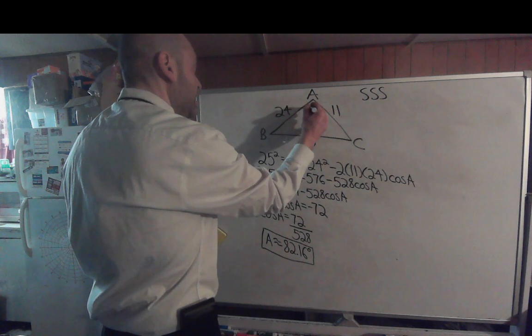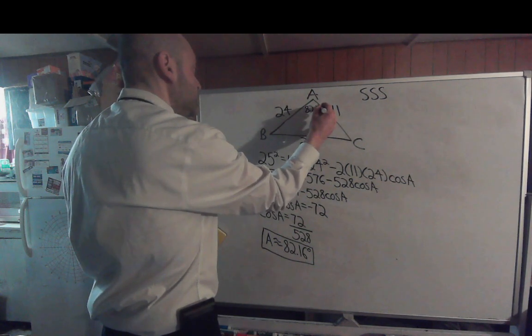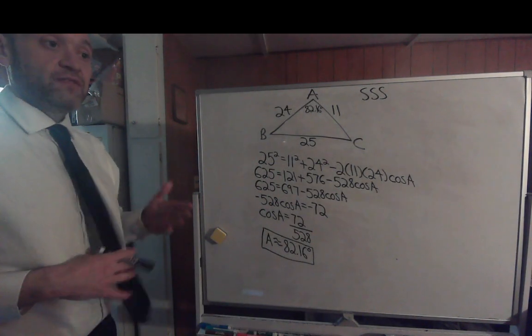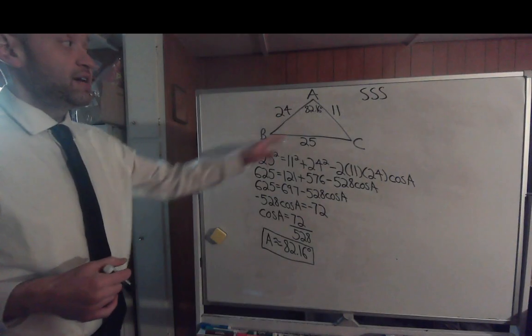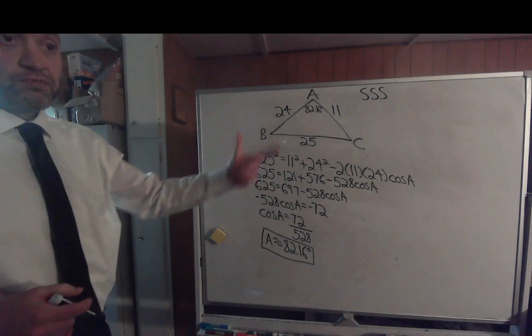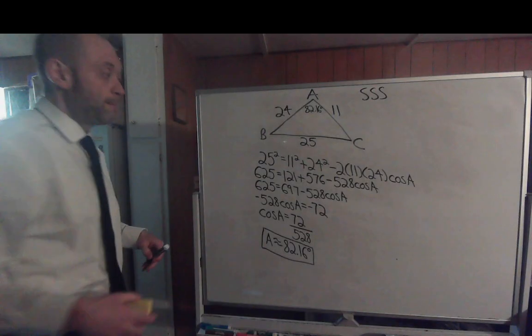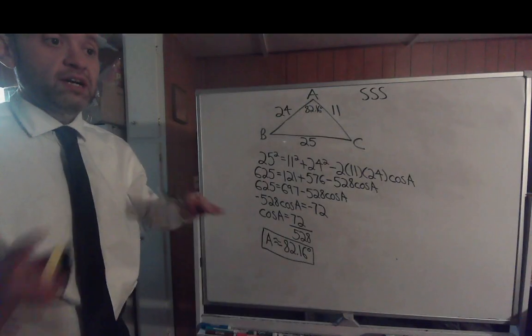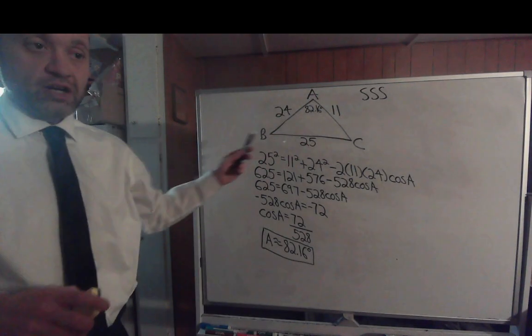So let's put that here, 82.16. Now we know one of the angles, but we need to find the second angle. We need to find at least one other before we try to solve for the third angle.